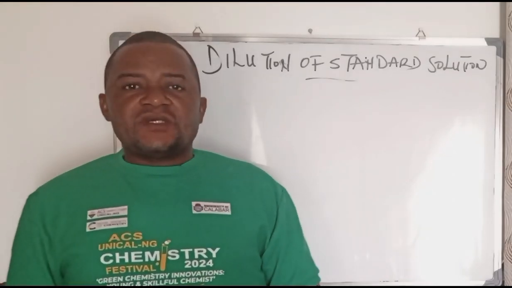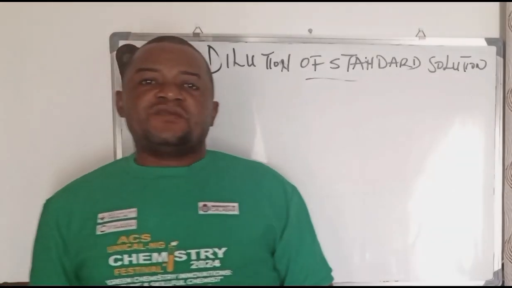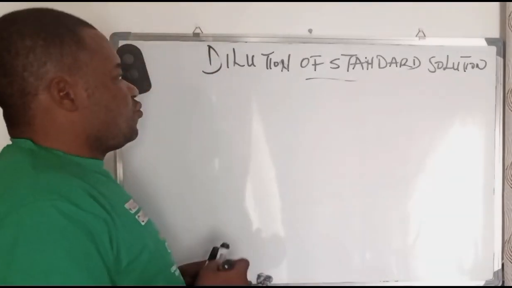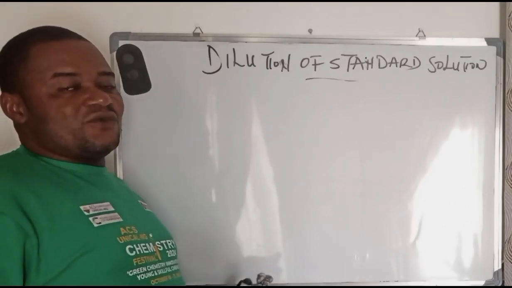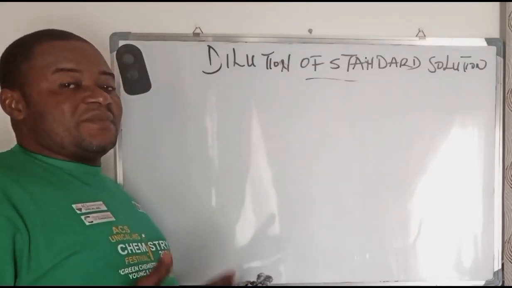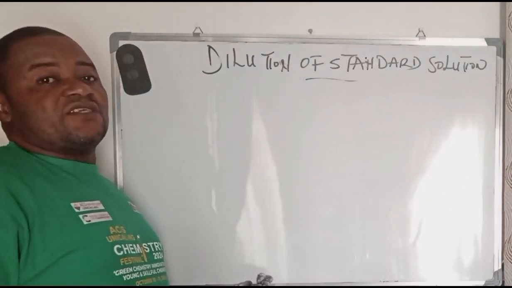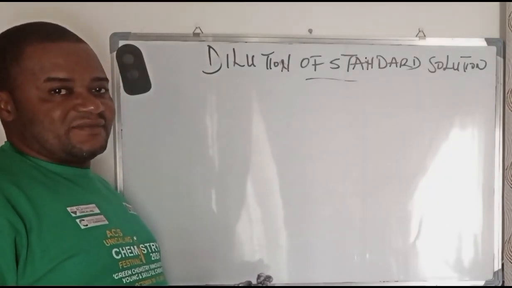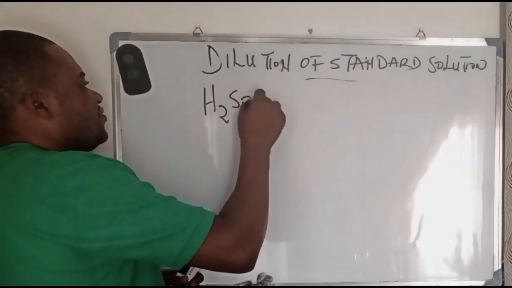Now let us take a look at a typical example of how we can dilute a standard solution. Let's assume that you were given a reagent, and that reagent is sulfuric acid, H2SO4.